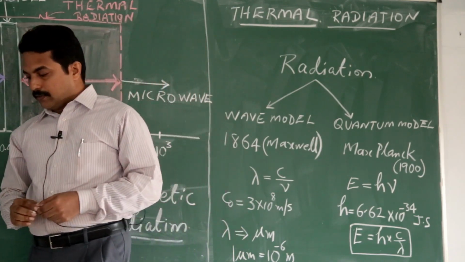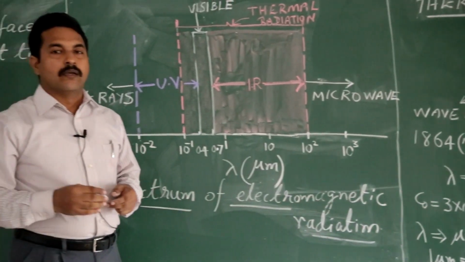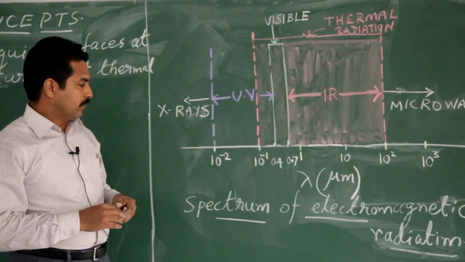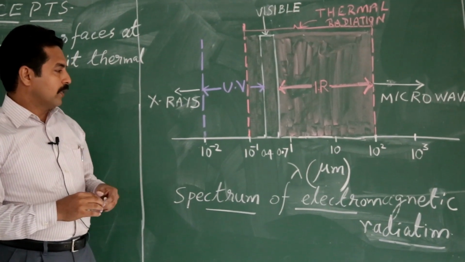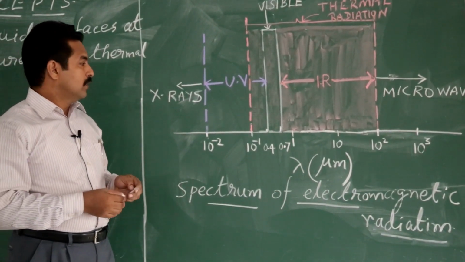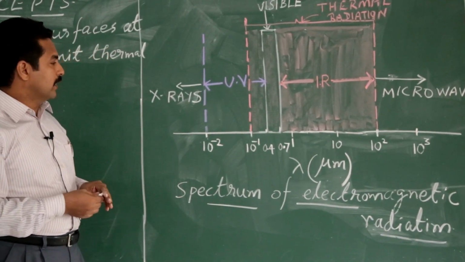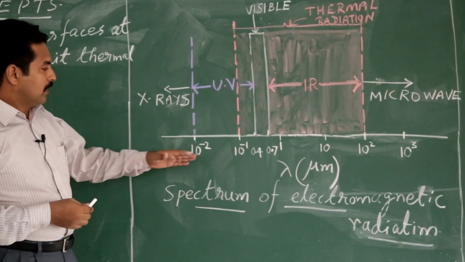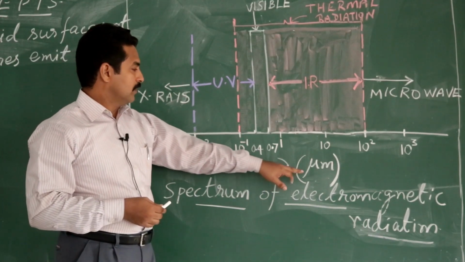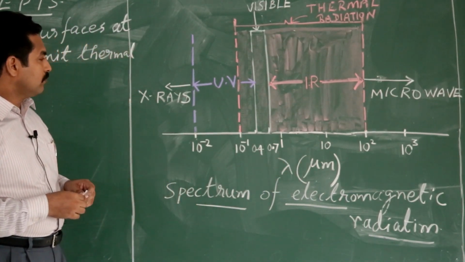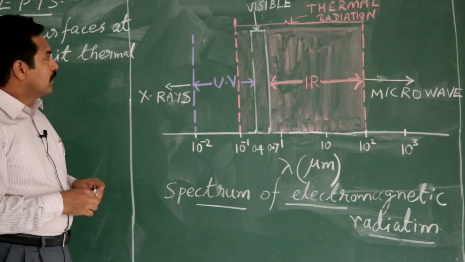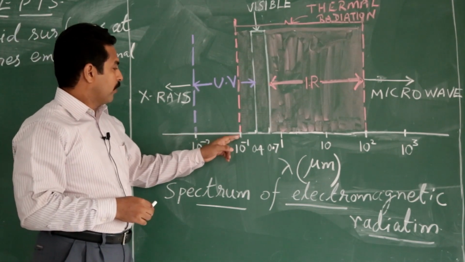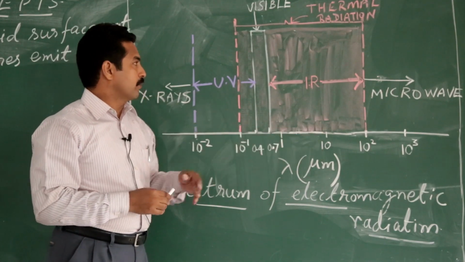We had some discussion regarding the electromagnetic spectrum. Spectrum of electromagnetic radiation, this is the spectrum. We can see that on the axis you have wavelength in microns. Thermal radiation is mainly from 0.1 to 100 micrometers.